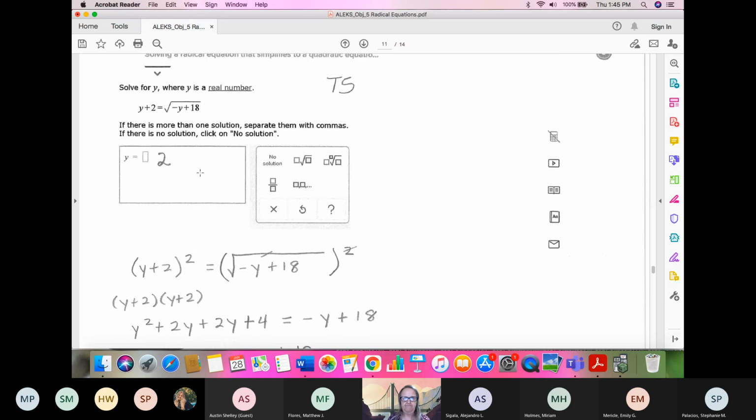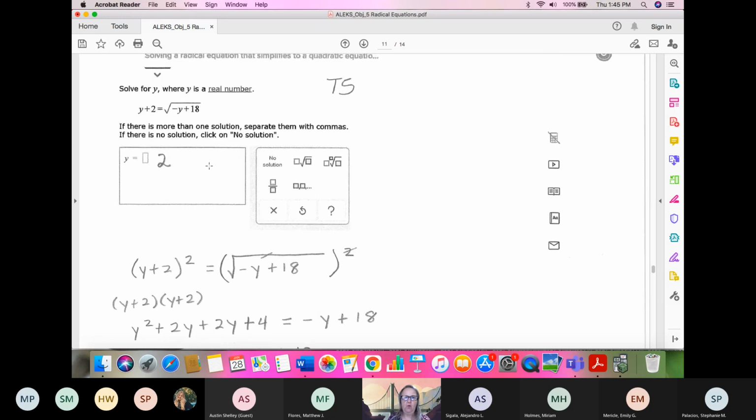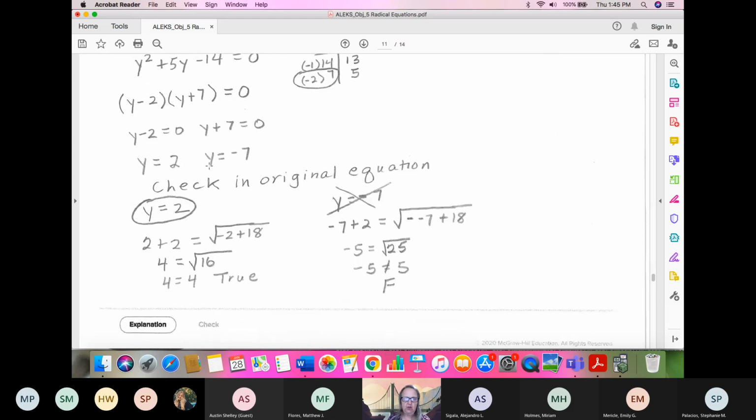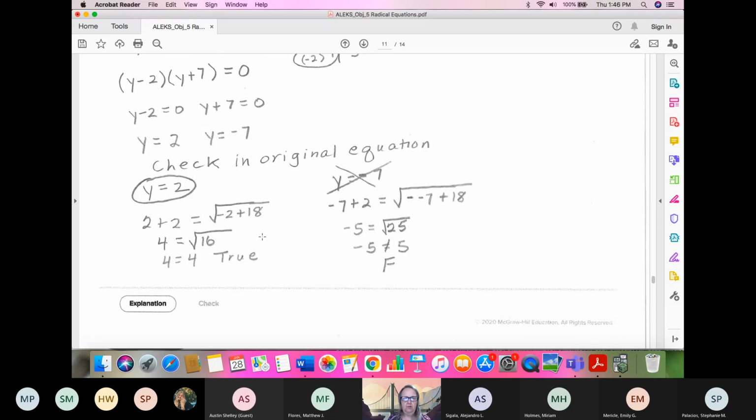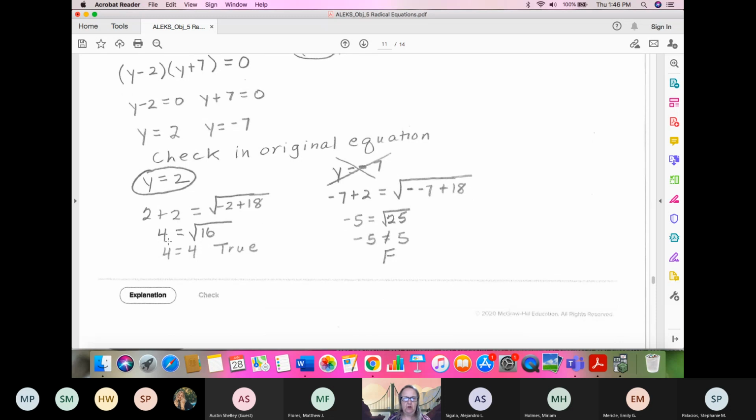Equals square root of negative y plus 18, so negative 2 plus 18. We get 2 plus 2 is 4 on this side. We get negative 2 plus 18, which is 16. Its square root is 4. 4 equals 4 is true.